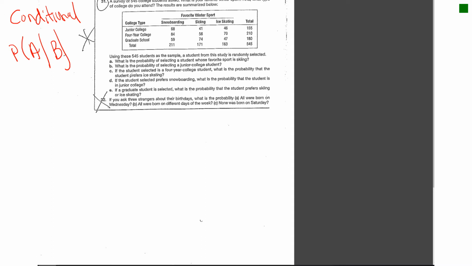So the way I'd like you to look at this, I'm going to write out a formula down here. If you were to say the probability of A given B, I'm going to give you this formula to help you use these tables.